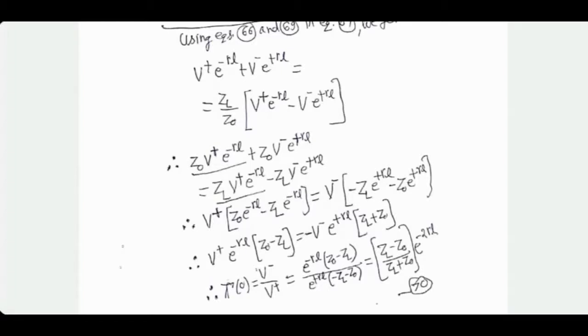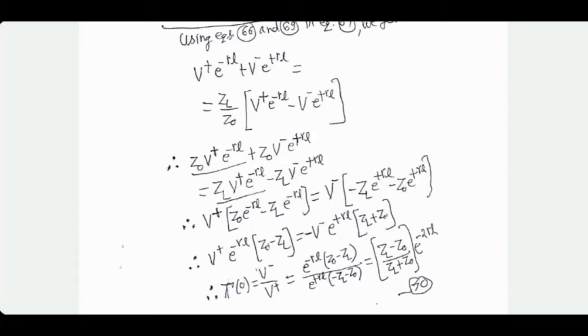What happens is, as usual, we end up getting a formula for V minus divided by V plus. Whatever you do to the load always helps you in determining the ratio V minus to V plus. The equation may be different depending on what kind of ZL is there.